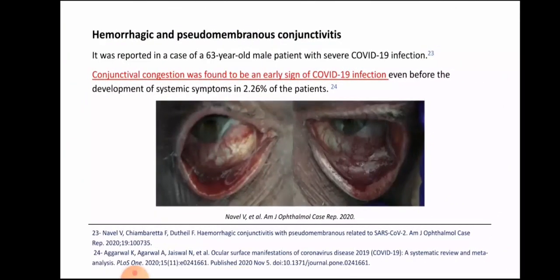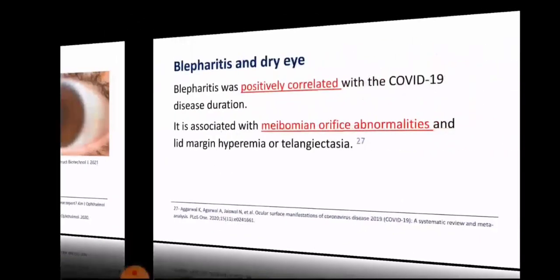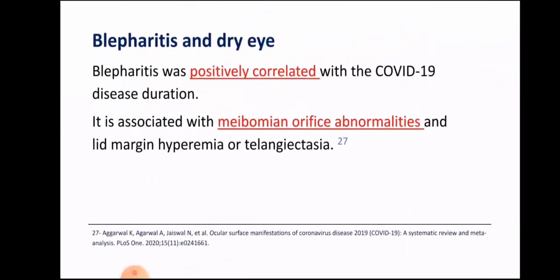Hemorrhagic and pseudomembranous conjunctivitis has been reported also in COVID-19 patients, and conjunctival injection or congestion is one of the presentations of ophthalmic symptoms in COVID-19 patients. Episcleritis is also reported in COVID-19 patients, as well as dry eye and blepharitis, which correlated with the duration of the disease.